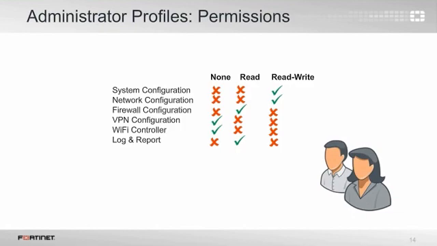The Prof Admin is another default profile. It also provides full access, but unlike Super Admin, it only applies to its virtual domain, not the global settings of the FortiGate. Also, its permissions can be changed. You aren't required to use a default profile.